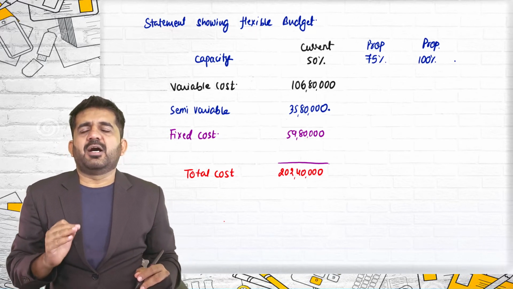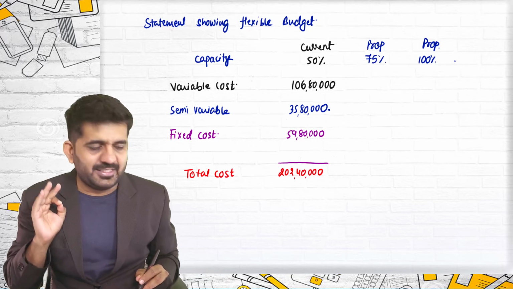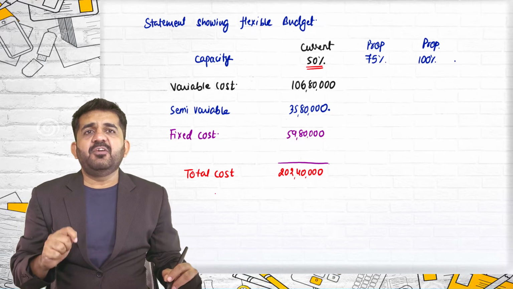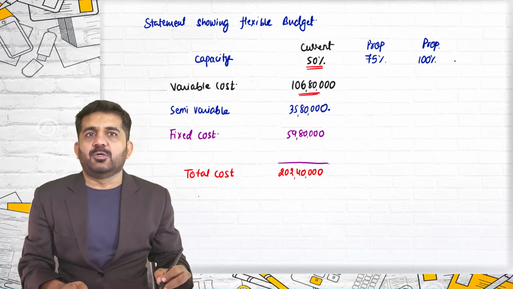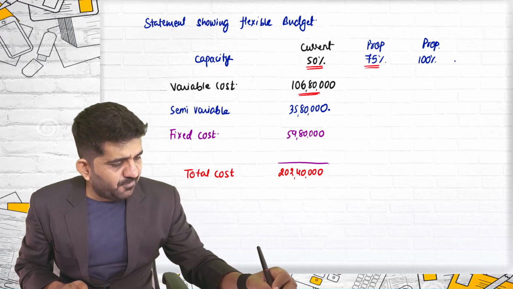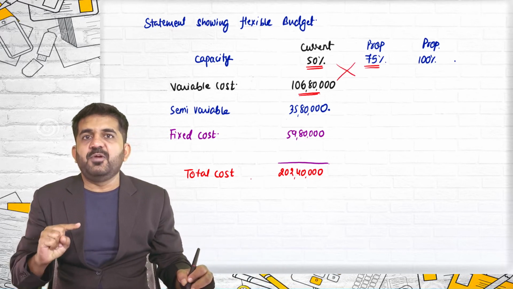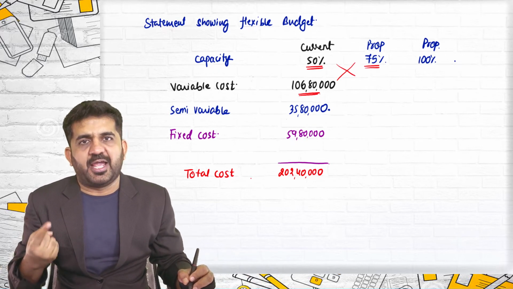Now we have done marginal costing, so this becomes extremely easy. At 50% capacity, if my variable cost is 1 crore 6 lakh 80,000, at 75% capacity it will be just cross multiplication. Variable cost proportionately increases with increase in production and sales.